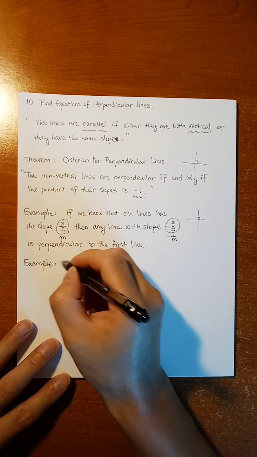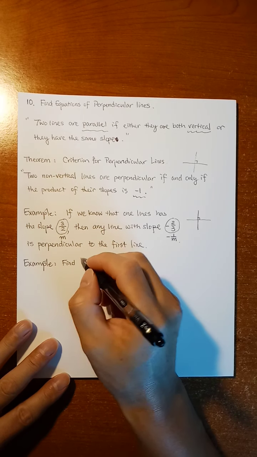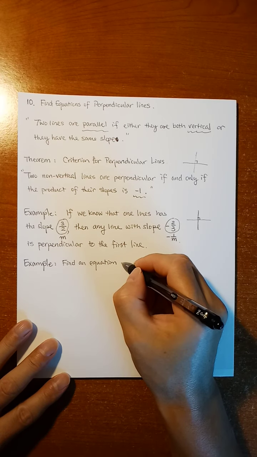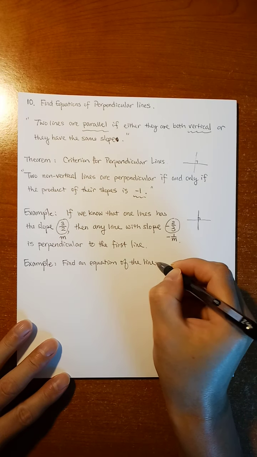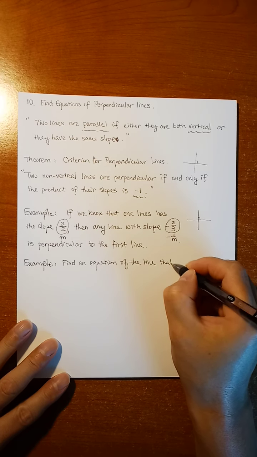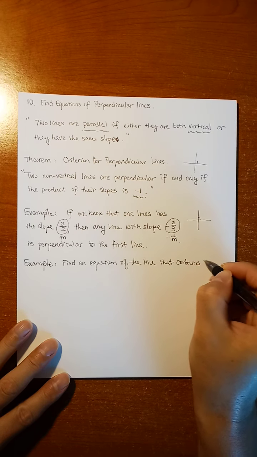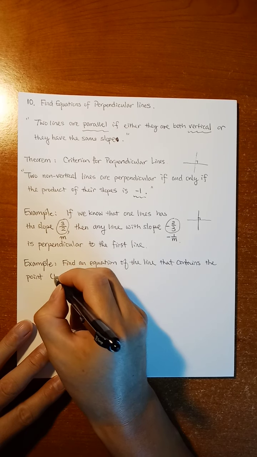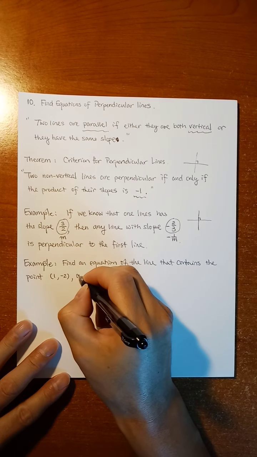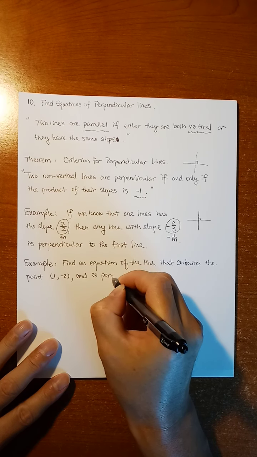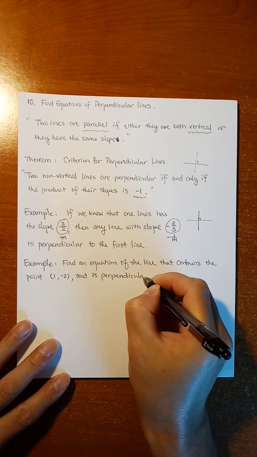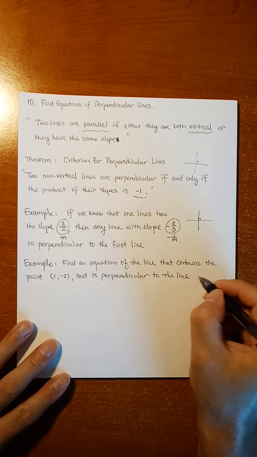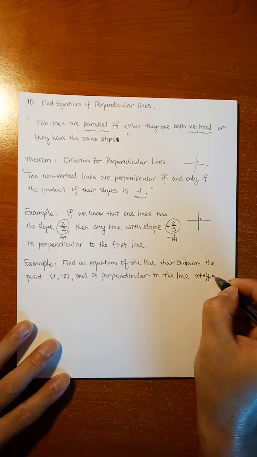Let's see a concrete example. Find an equation of the line that contains the point (1, -2) and is perpendicular to the line x plus 3y equal to 6.